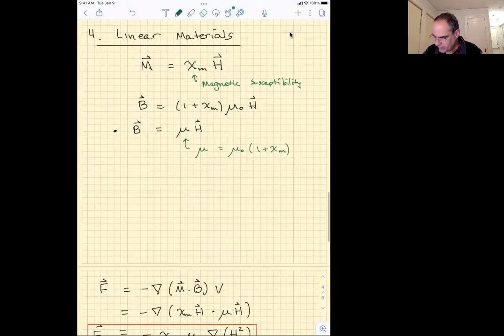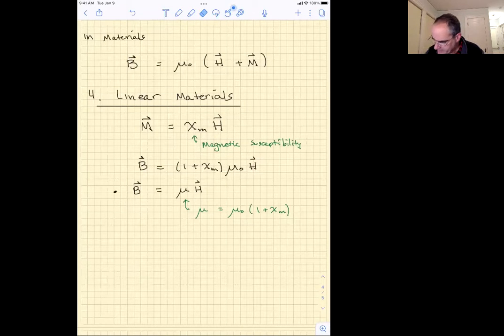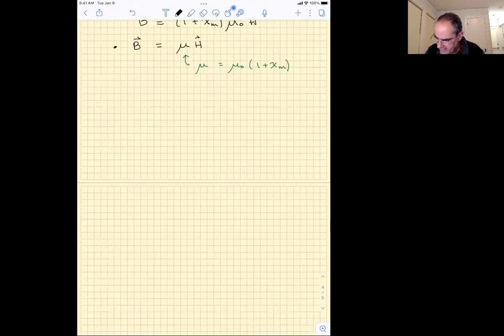But I will mention one more thing, okay? I want to talk about the forces on magnetic materials, because when we play with magnets, that's the thing we see, the forces between the magnet and the magnetic material. So let's look at that. So imagine the following now. Suppose we have a bar magnet, and the north pole of the bar magnet is here.